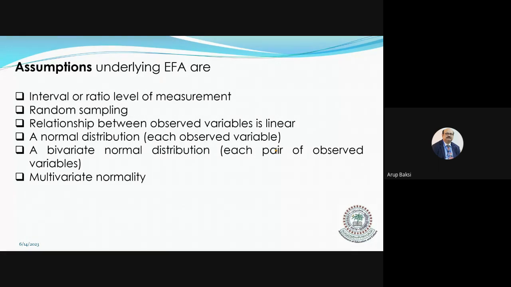So the first one is, when you are obtaining data, you have to use either an interval scale, for example a Likert scale, or a ratio scale. You have to depend on probabilistic sampling, for example random sampling. You have to assume that the relationship between observed variables is linear. The data is normally distributed, with a bivariate normal distribution for each pair of observed variables, and you assume that there is multivariate normality.